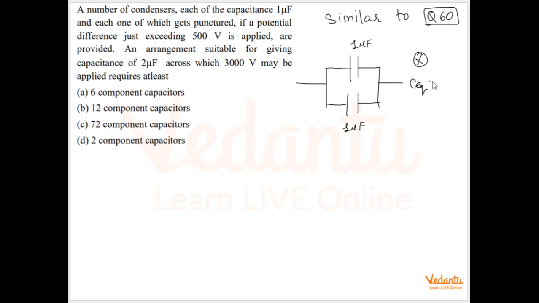Even though its equivalent capacitance is 2 microfarad, it will not be able to handle 3000 volts of potential difference. If I connect it to a 3000 volt battery, then both the capacitors will get punctured and both of them will start conducting electricity, because both of them can only handle 500 volts. So what I need to do is, first I need to create an arrangement of these capacitors so that they are able to handle 3000 volts.